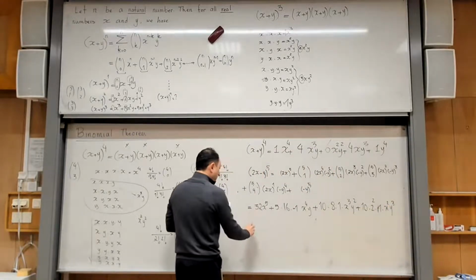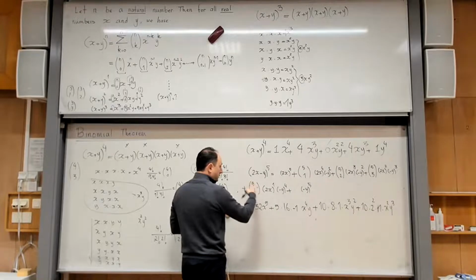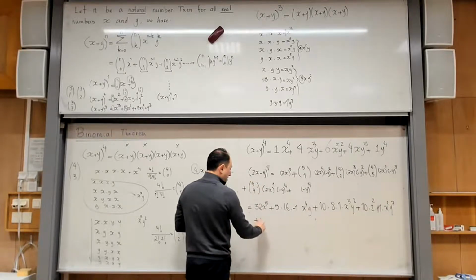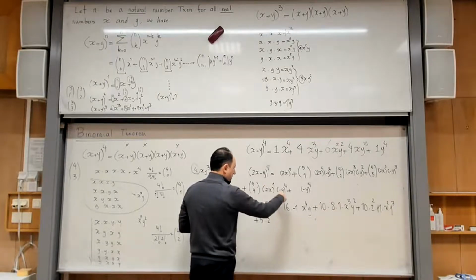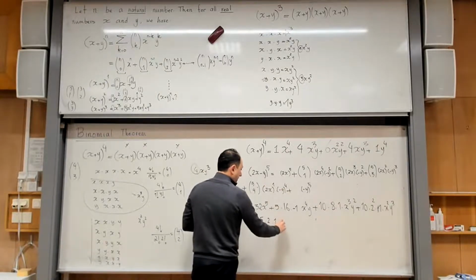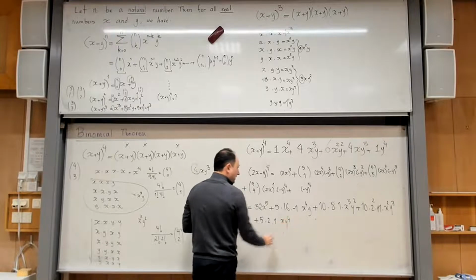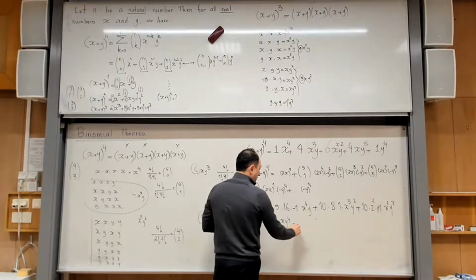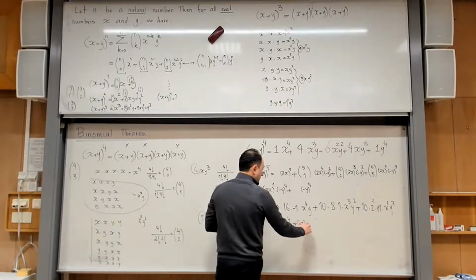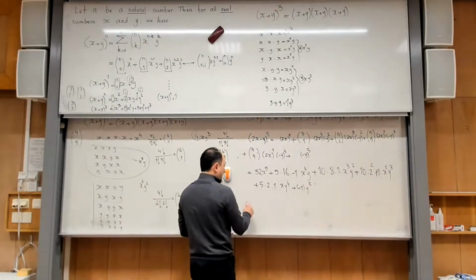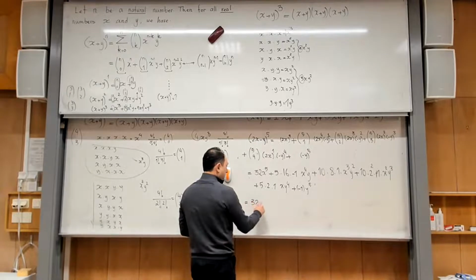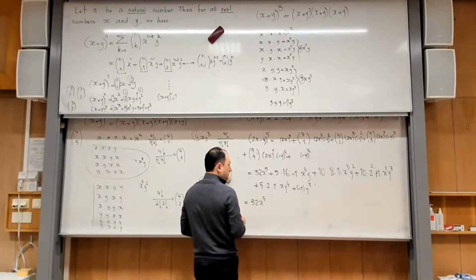And then finally here, if you calculate this number, it becomes 5. And then this 1 to power 1, this 1 to power 4. And then you have x, y to the power of 4. And finally, the only number that you have to take care of is minus 1, y to the power of 5. And the final step is to multiply these numbers. So this answer is 32x to the power of 5.